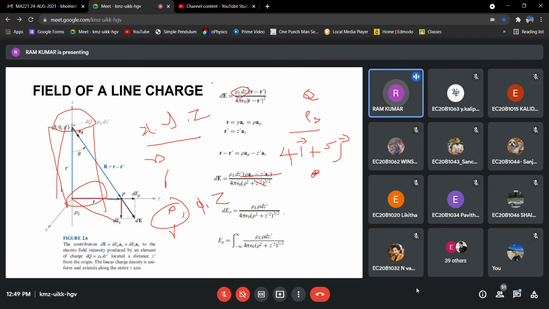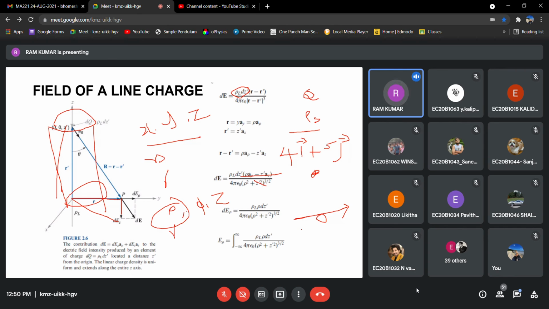One important point. Suppose you are propagating the signal along the y-axis, the field component along this y-axis is 0. We have z and x.